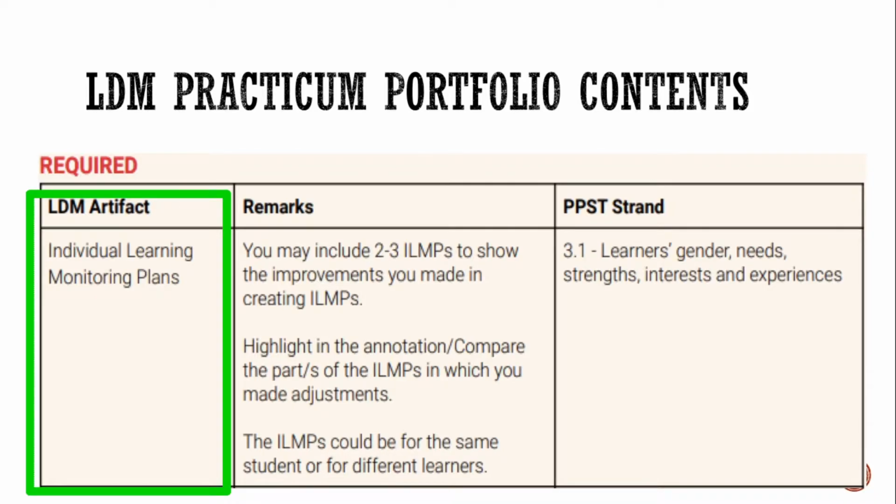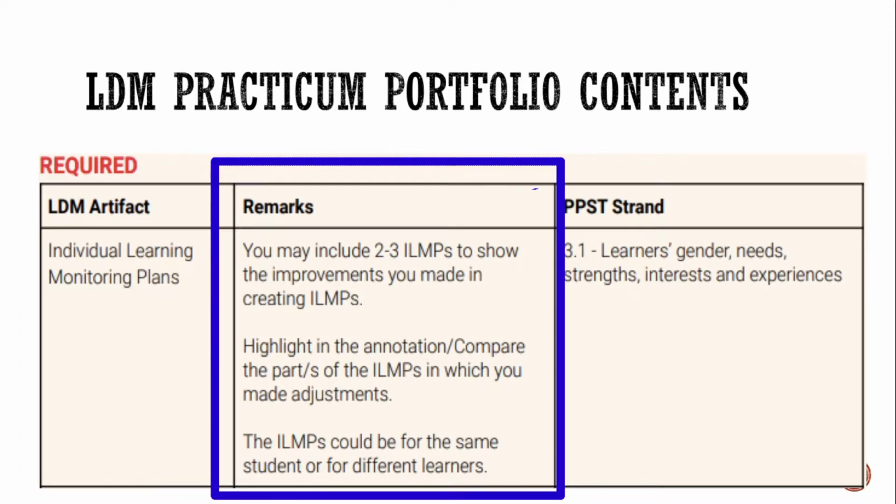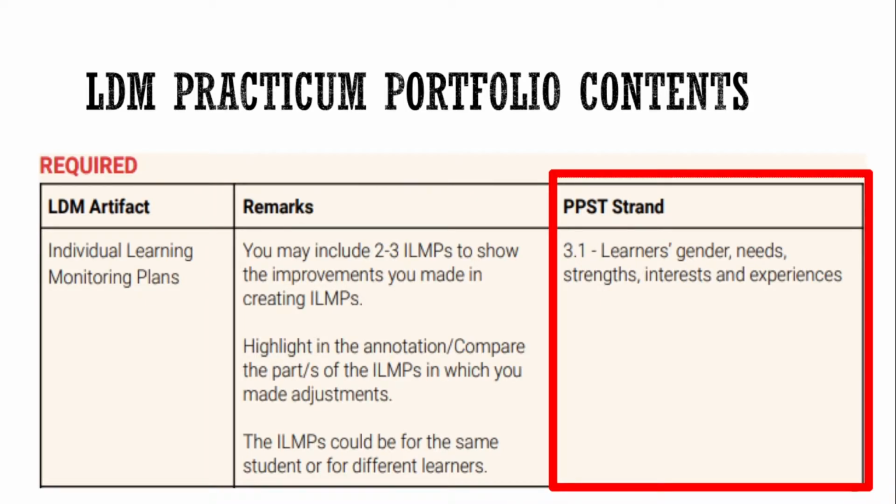The first column lists the artifacts that are aligned to the daily outputs that you can create during the course of the year. The second column describes the artifact to be collected. The third column indicates the professional standards that are met by the respective output.